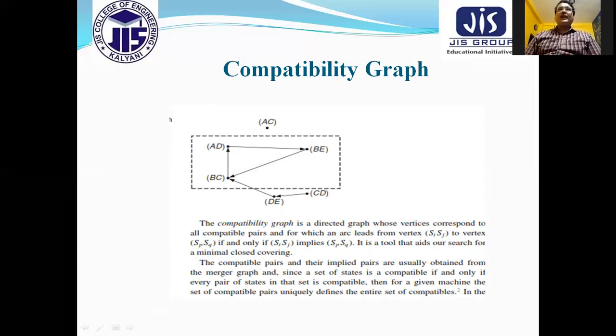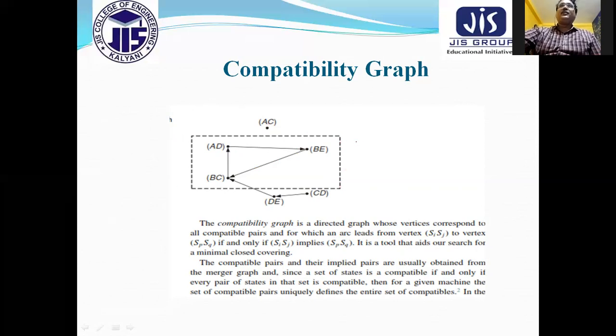Why have they drawn this dashed line here? The dashed line says that a certain logic is present here. The logic is that we have to consider the compatibility graph, and this is the minimum cover.